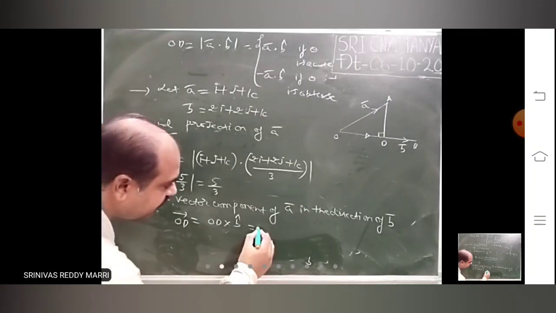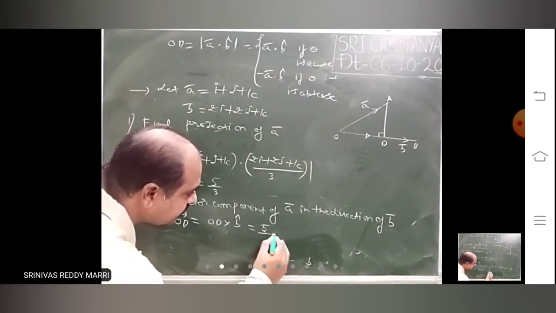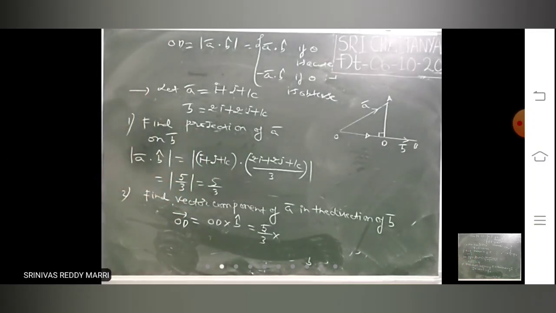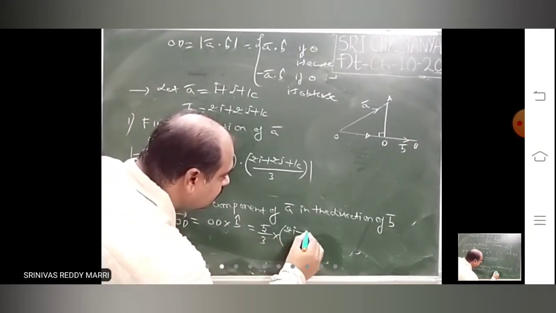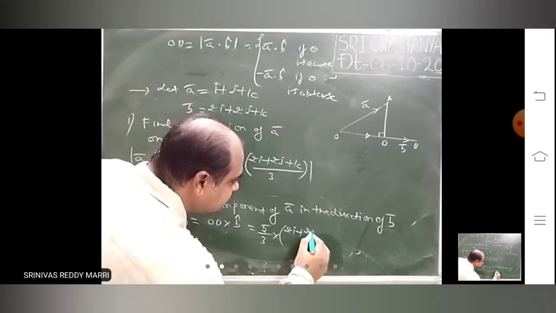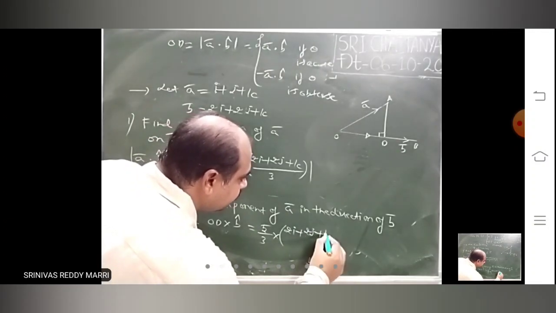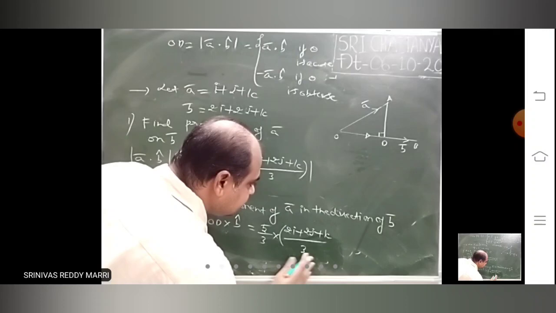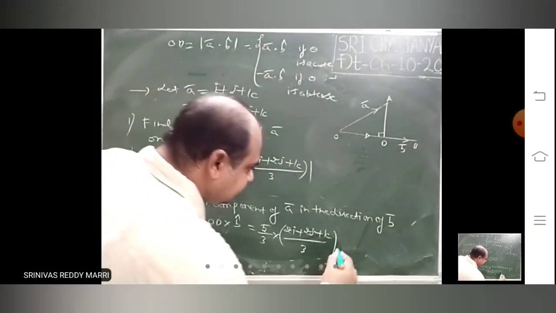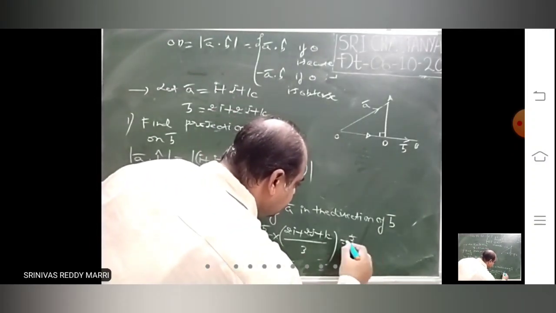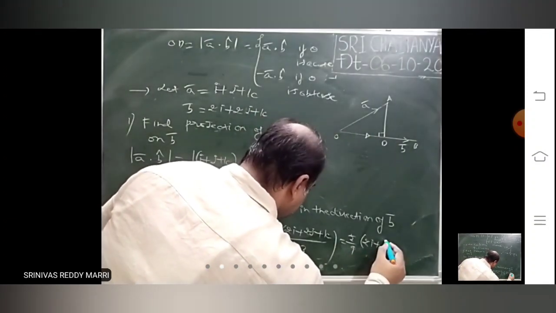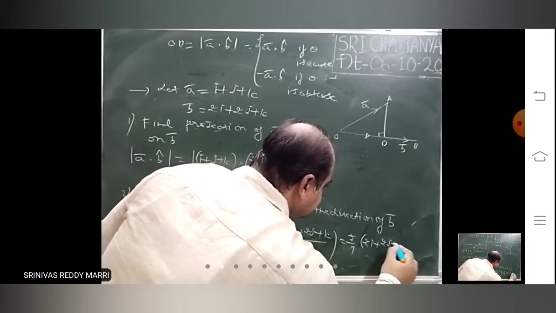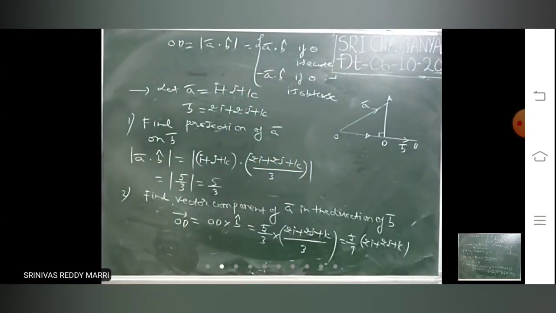OD length is nothing but 5 by 3 into B cap you know. 2I plus J plus K divided by 3. That means this vector is nothing but 5 by 9 into 2I plus 2J plus K. This is OD bar.